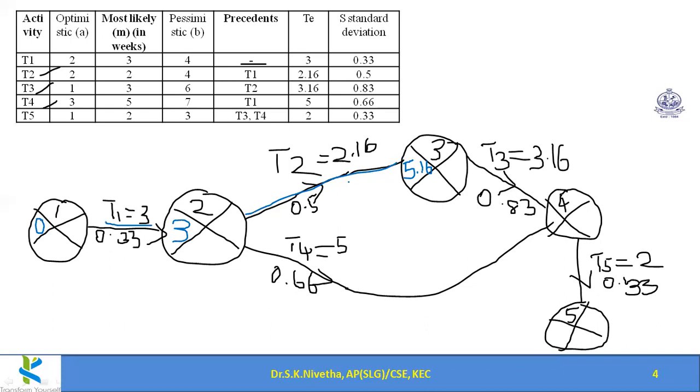Then from here, how can we proceed? Now we shall proceed with this part. 5.16 plus 3.16 becomes 8.32. Am I right?